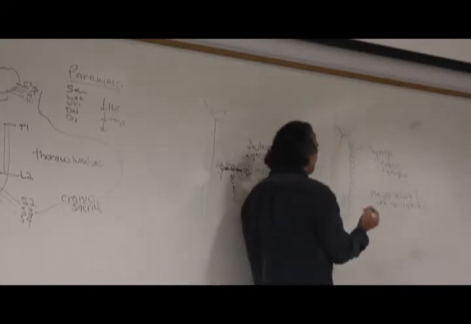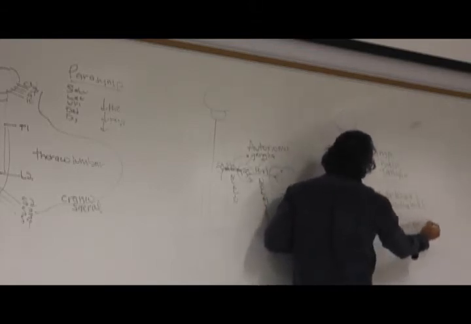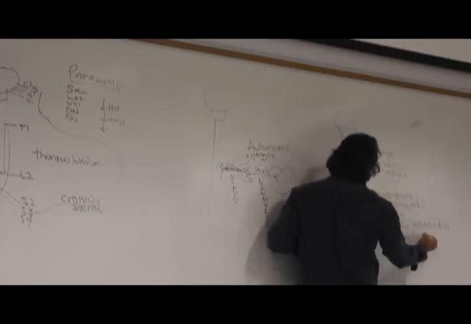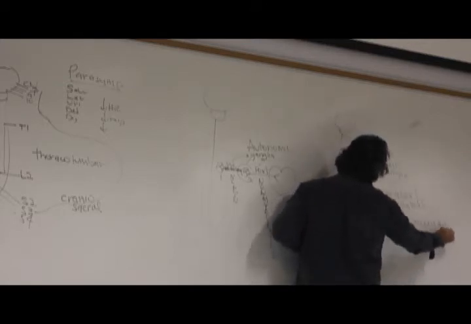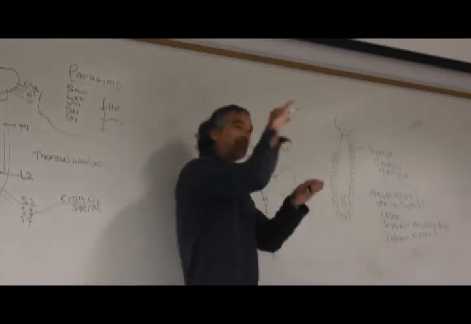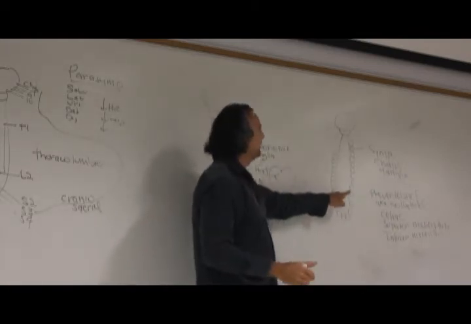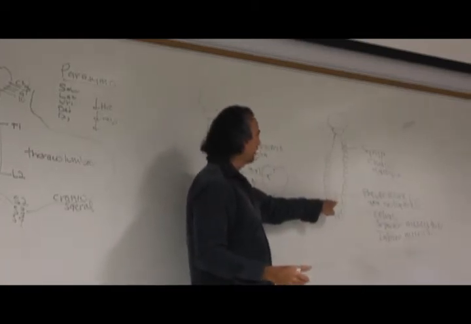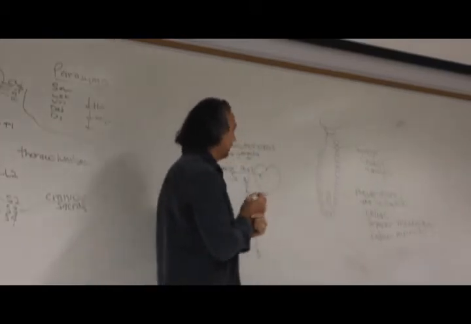And there's 3 of them, and their names are celiac, my first one, superior mesenteric, and then I have the inferior mesenteric for that one. So they're just in that order. My first one's the celiac, next one's the superior mesenteric, third one's the inferior mesenteric.